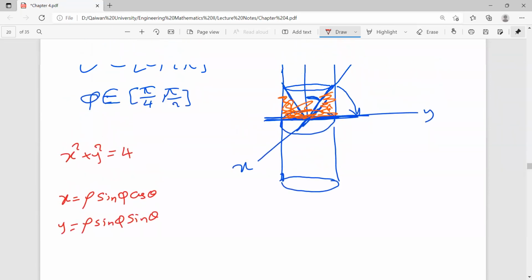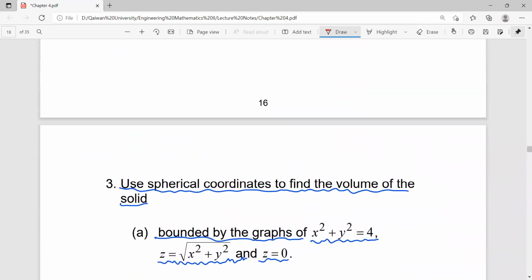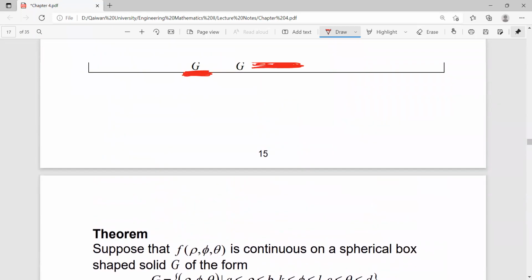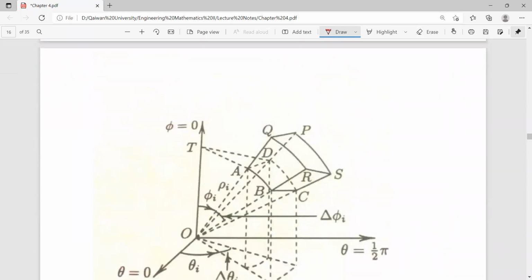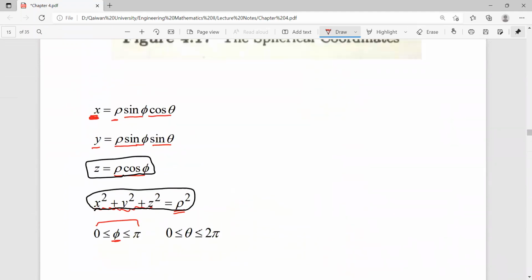Now we square both. Let me check if I've written down the rule correctly. Yes, that's it.